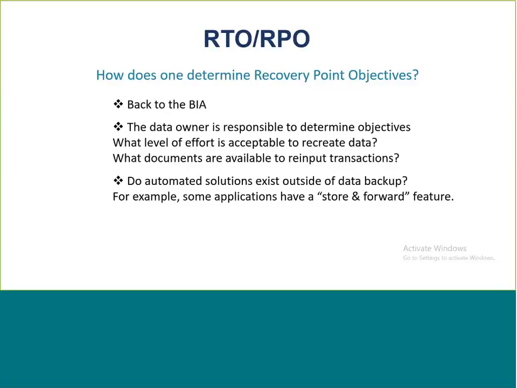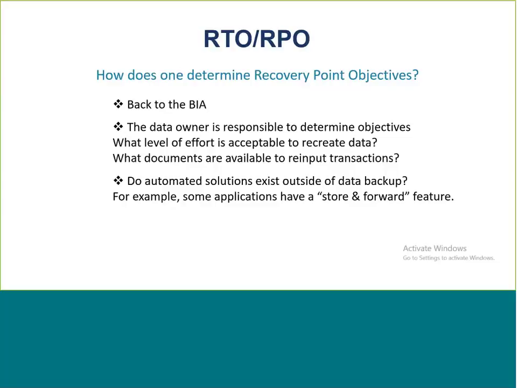And then another thing to consider is an automated solution. If there's an automated solution that may exist that could help or impact the data backup, we review some applications that have a feature that's like a store and forward feature. So we have a lot of our clients now. They use a vendor where their main application is at the vendor, and they have connectivity to the vendor, and they're working off a local server.